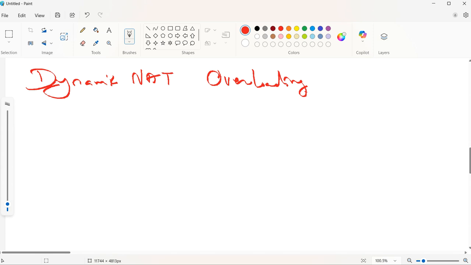And the third type is dynamic NAT overloading. How does this solve the problem? That's what we want to see. Now I'm going back to the same picture. 10.0.0.1, 10.0.0.2, 10.0.0.3. These are all the computers.